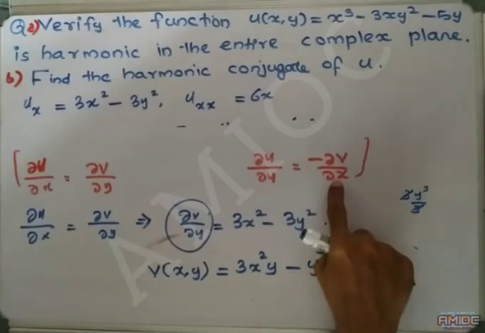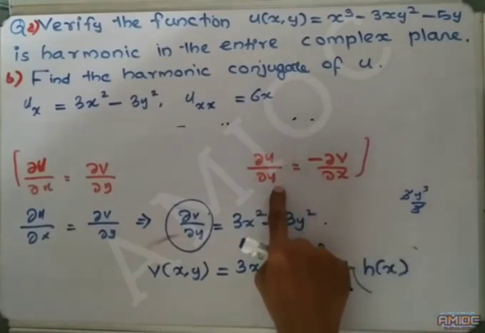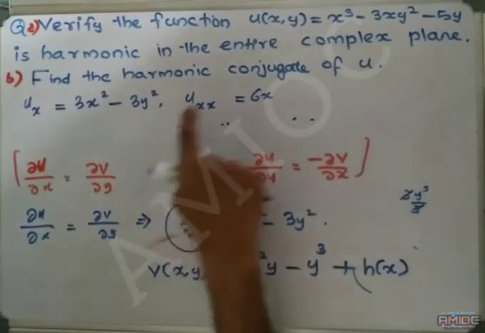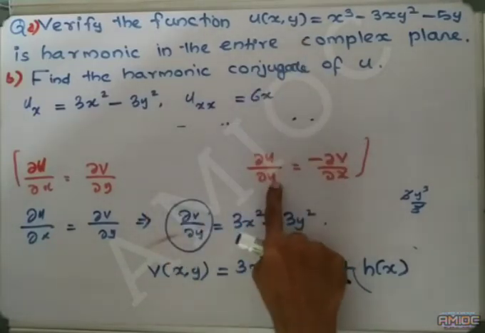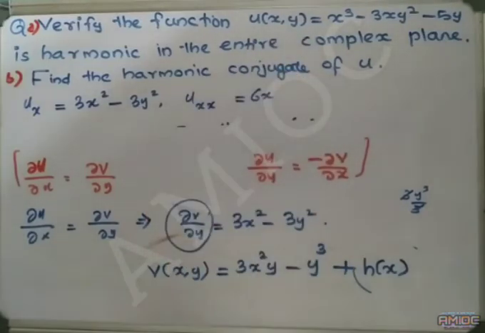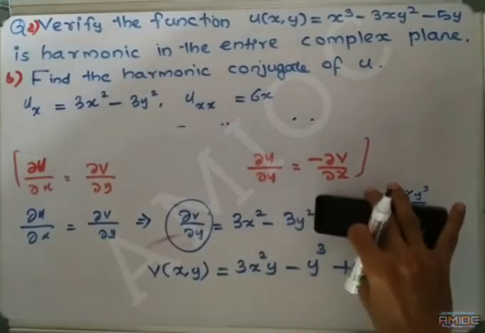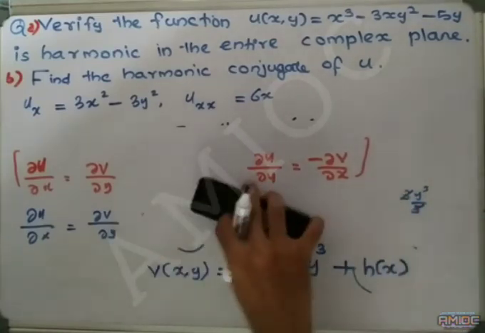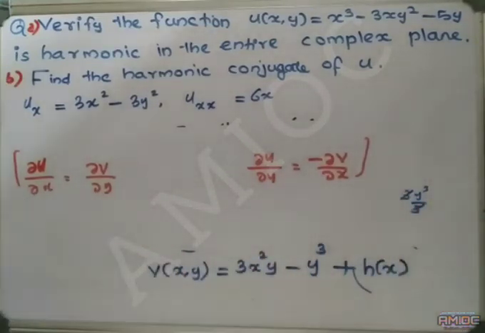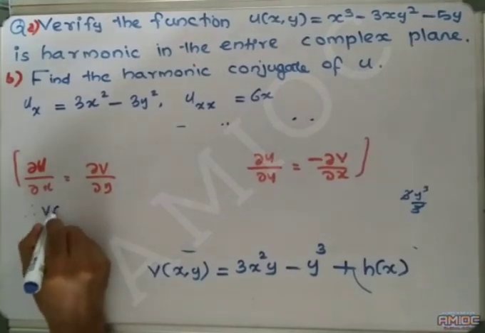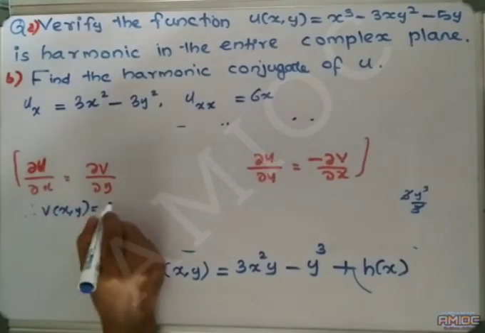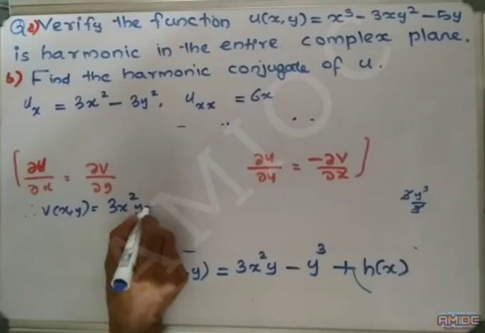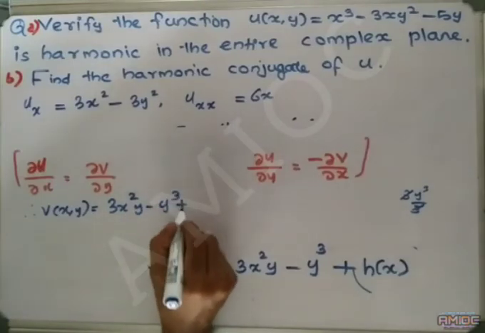Then by the Cauchy-Riemann equation, we can equate that with minus uy, and uy can be found from u. Therefore, we have v of x, y equal to 3x²y minus y³ plus h of x.